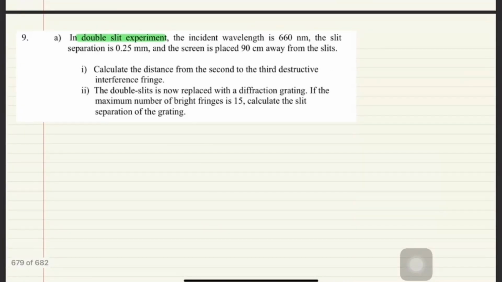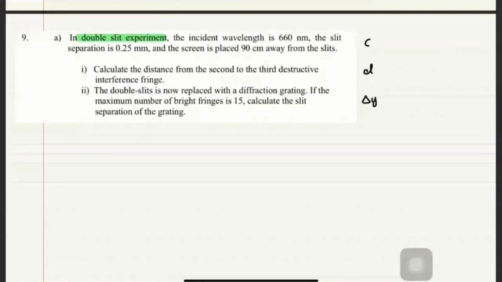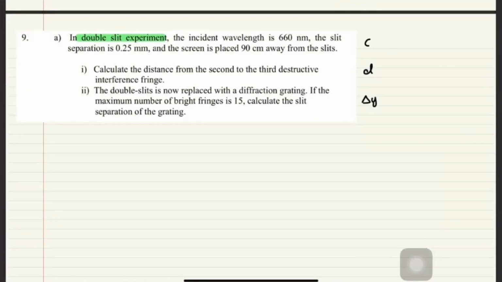So, untuk konstruktif, kamu ada formula satu. Destruktif, kamu ada another formula. Dan kamu ada yang delta Y itu yang kamu nak keluarkan. Okay, dan dia kata the incident wavelength is 660.